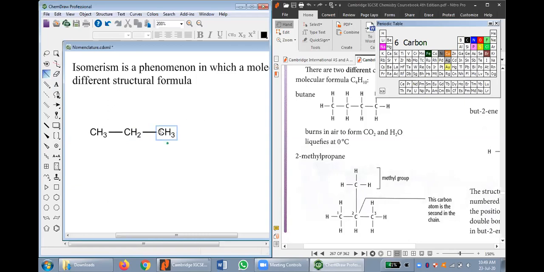Of course, if it's butane, it must have 4 carbon atoms. This is the structural formula for butane.